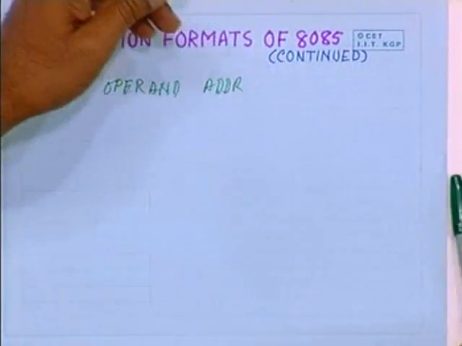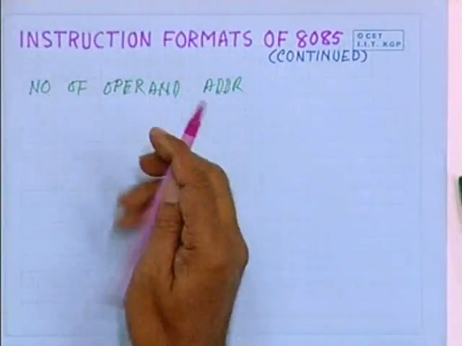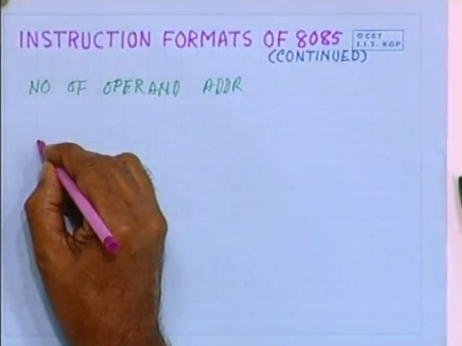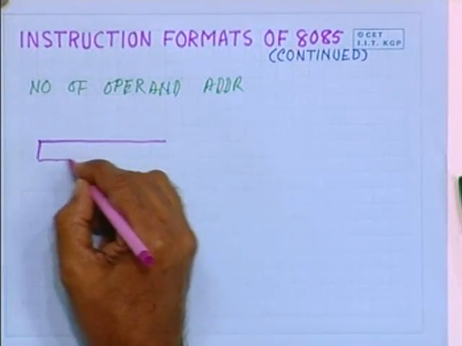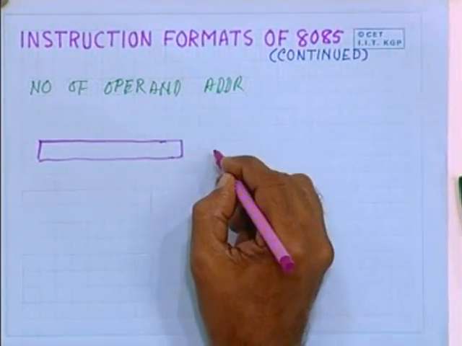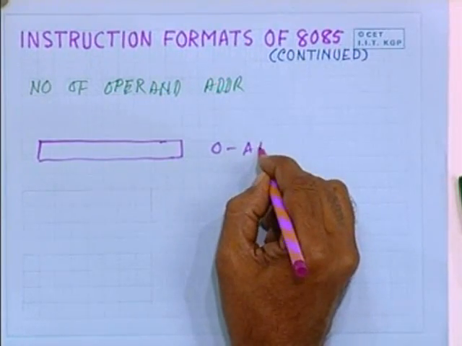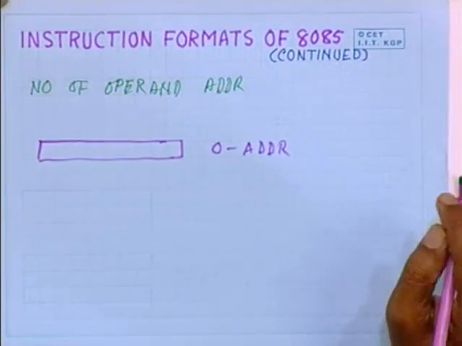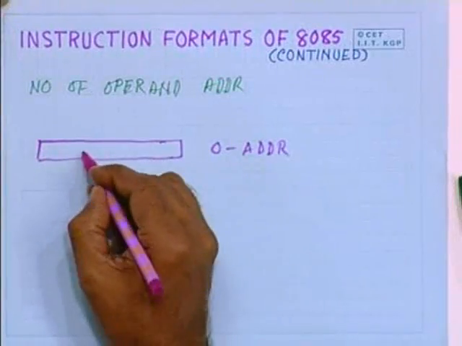For example, an instruction can be zero address. There is no need to explicitly specify any address in this particular format. So it is only the opcode.